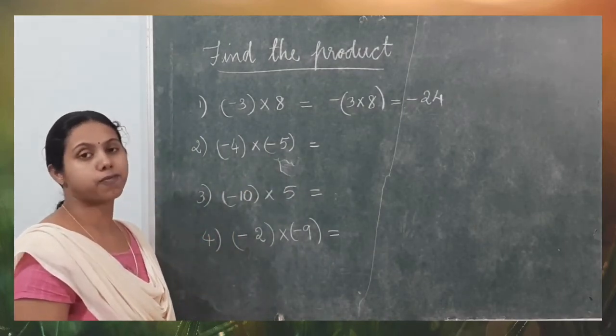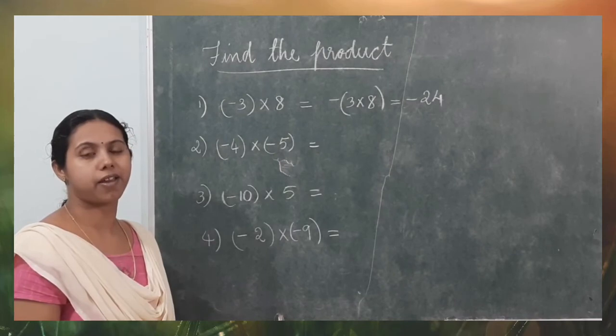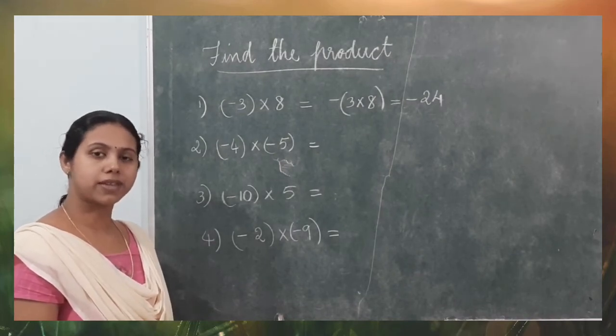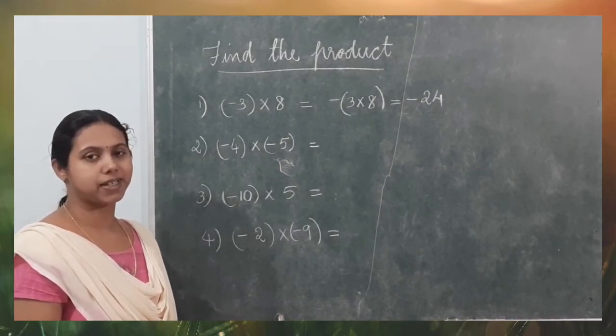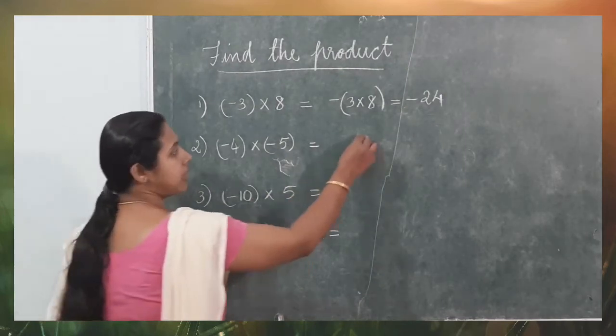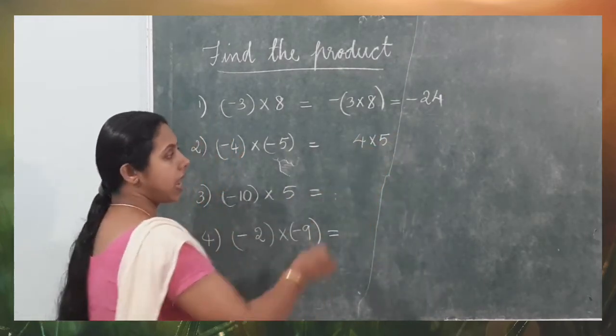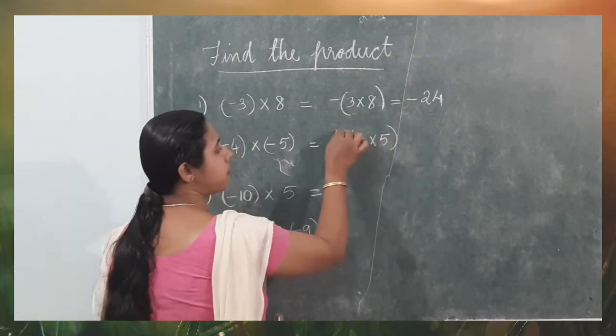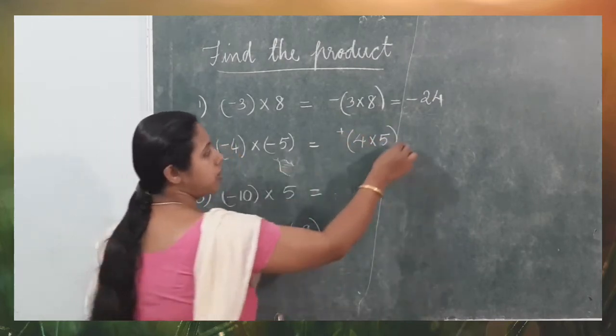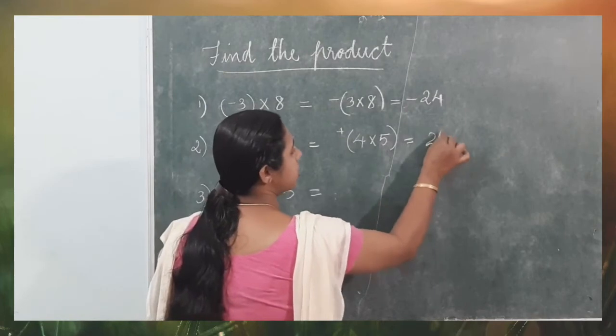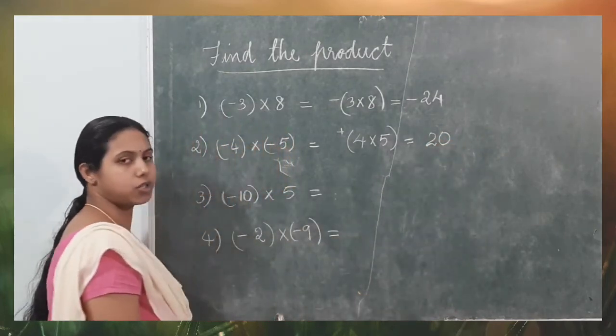Second question, minus 4 into minus 5. What is the answer of minus 4 into minus 5? Both are negative numbers. So multiply them as whole numbers and put positive sign before the product. So it will be positive 20. 4 5s are 20.